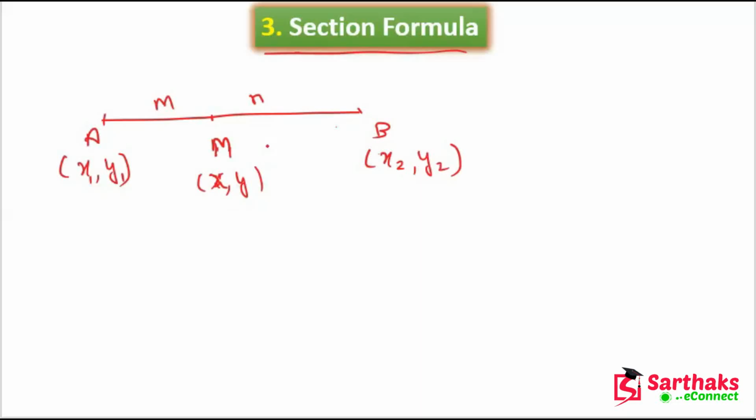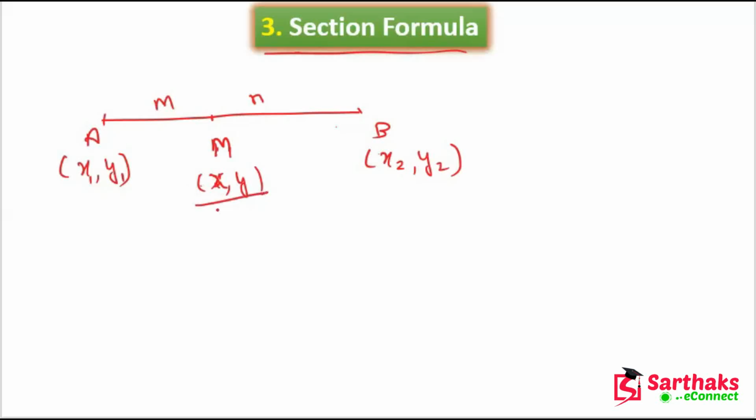A point on the line segment divides it into two parts which may be equal or not. The ratio in which the point divides the given line segment can be found if we know the coordinates of the point.